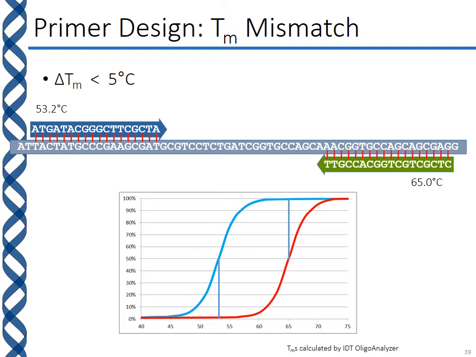And so there isn't enough energy to break some of the non-specific binding that the reverse primer will attempt while the reaction conditions are such that the delta TM is so high.